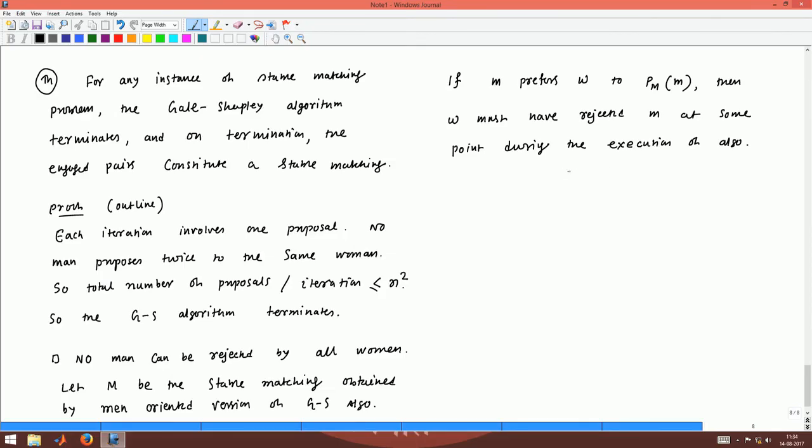Okay. So, we are exploring the possibility that MW is a blocking pair. We are assuming that M prefers W more compared to his match partner in the matching. Let us see what happened.